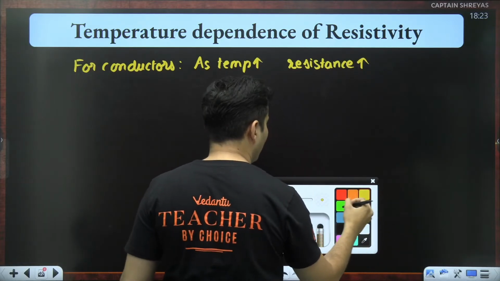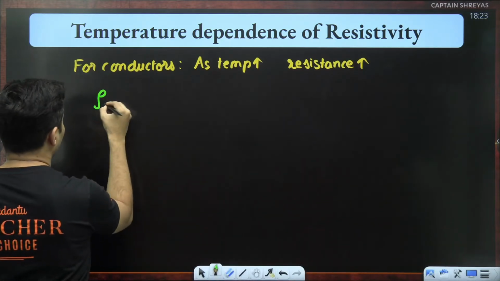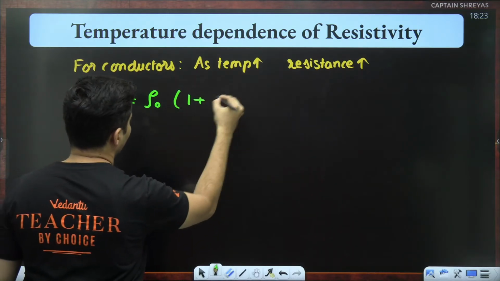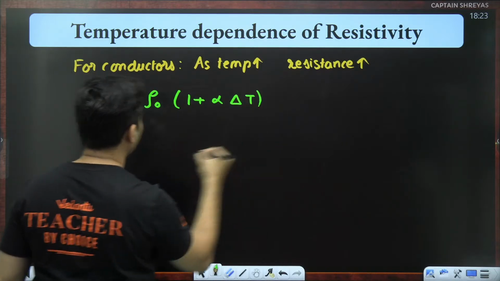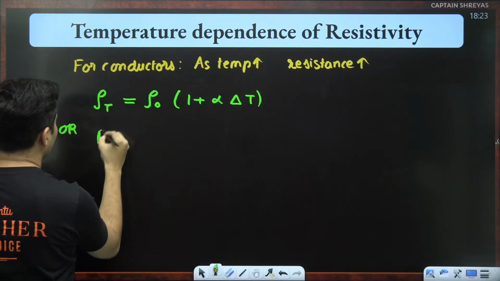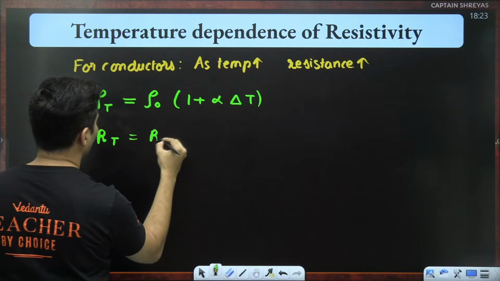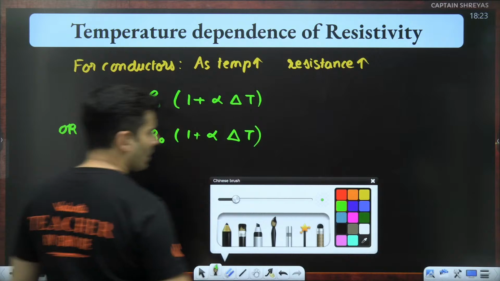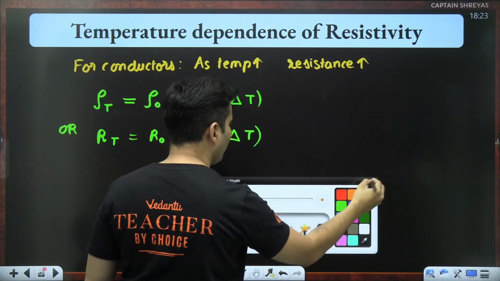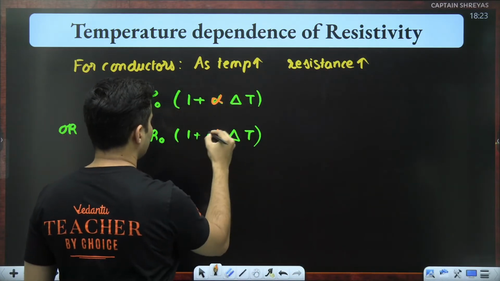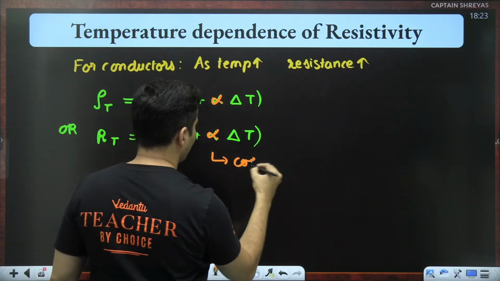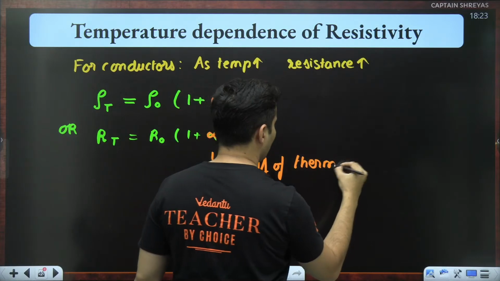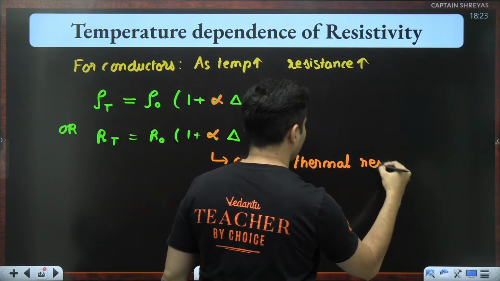In fact, the formula for that is resistivity at any temperature T is the original resistivity times 1 plus alpha delta T, or you can also use resistance at temperature T is the original resistance times 1 plus alpha delta T. What is this alpha? This is called your coefficient of thermal resistance.